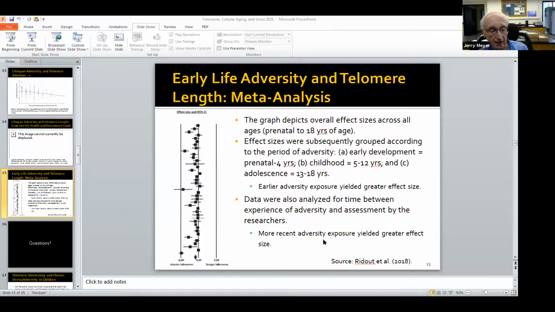Number one, that early adversity can be associated with, be careful here, lingering effects on telomere attrition, telomere shortening, but also that in addition to that, recent exposures can additionally speed up the process.